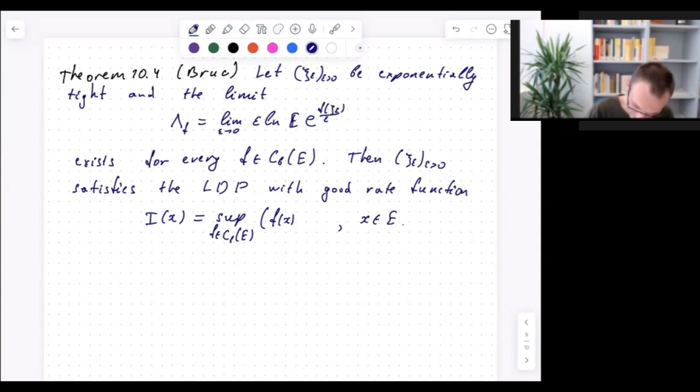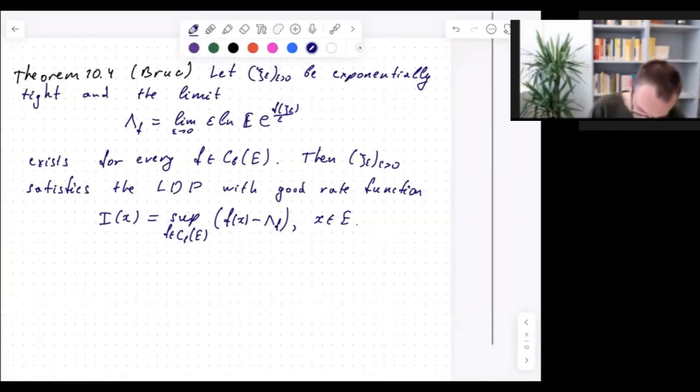X has to be here. Thus, this rate function is given by this supremum. And now let's prove that theorem.